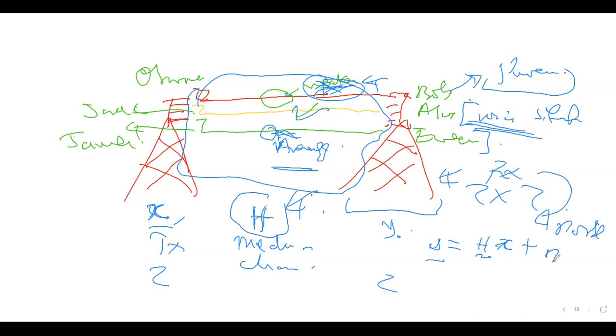So plus the noise, okay, this is a vector. And this is a matrix, a vector, and this is a vector. So this is a 2x2, because you have one person here and another person here. Then this is a 2x2 channel, okay?